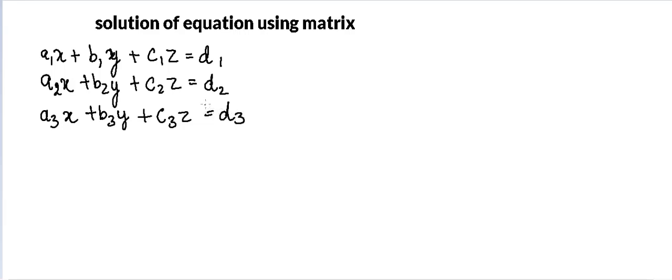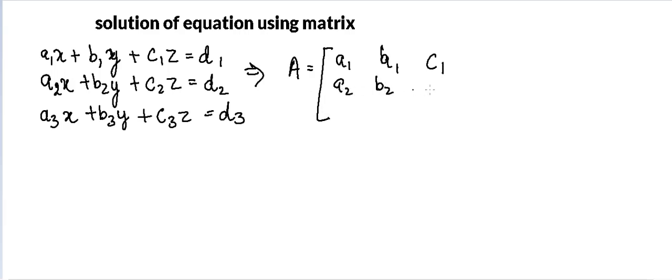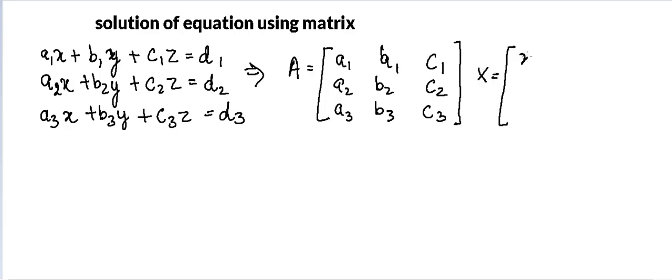Okay. Now we can find what? A matrix as coefficients of the variables a1, b1, c1, right, a2, b2, c2, a3, b3 and c3, right, and x can be written as all the variables x, y and z.